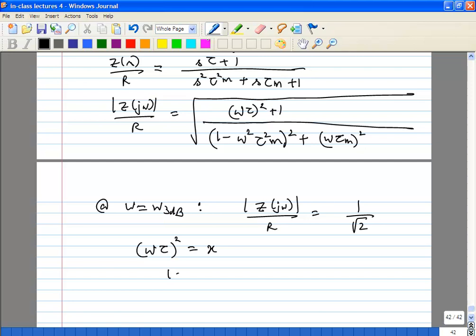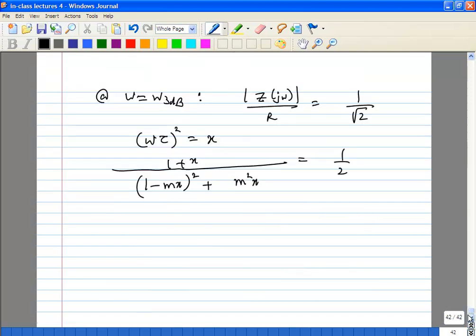So what you'll get is 1 plus x over, I'm sorry, 1 plus x, you're right. Now you can cross multiply and solve this equation.